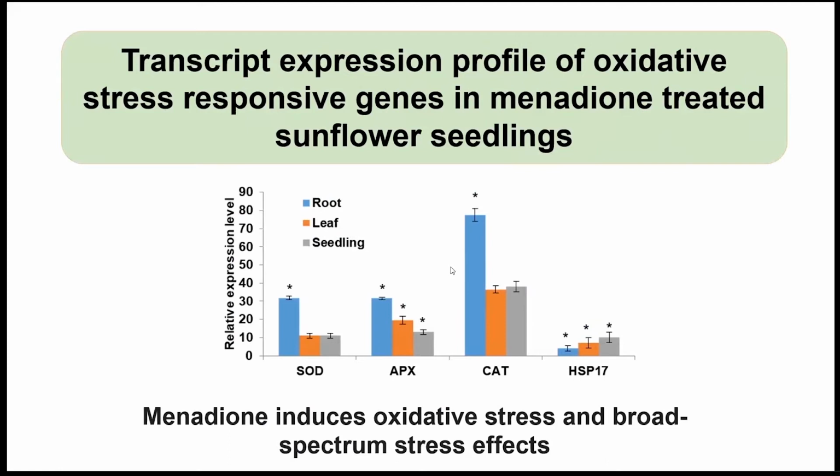It was found that in various plant tissues, the oxidative stress-induced genes and general stress-induced genes were upregulated. This again shows that menadione induces oxidative stress and broad-spectrum disease stress effects.